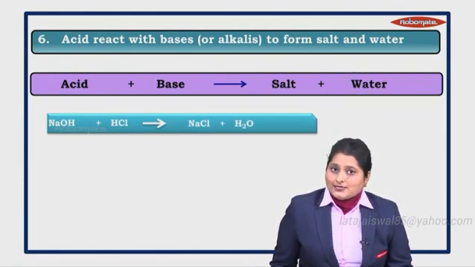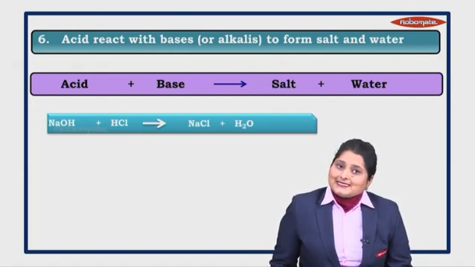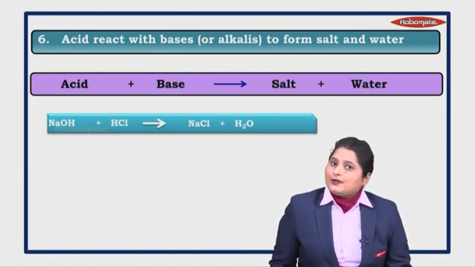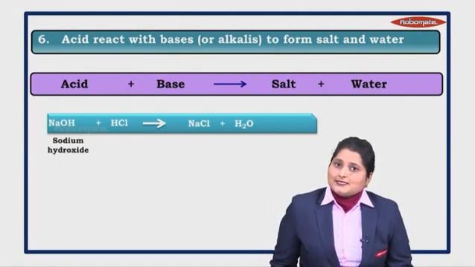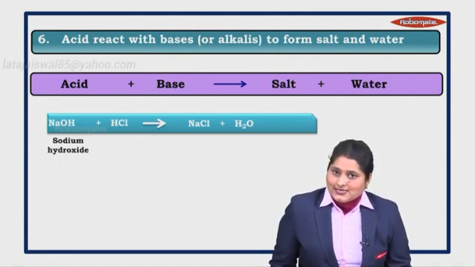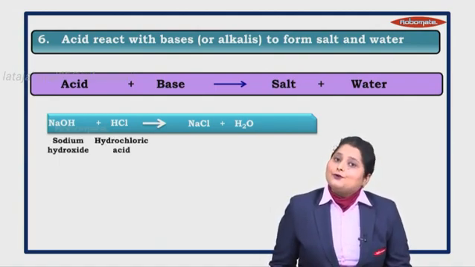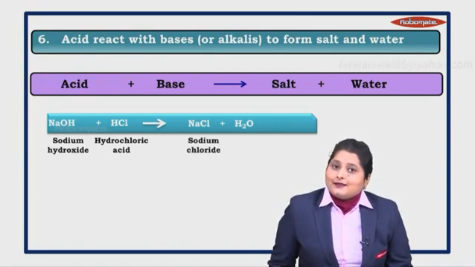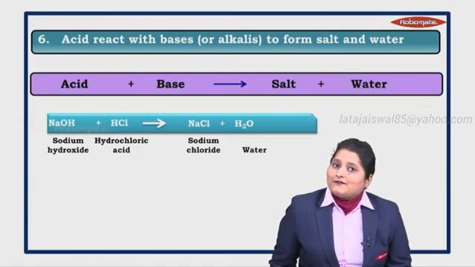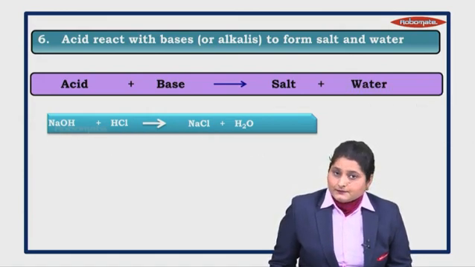Let us understand what that is. Salt is NaCl and water, as all of you know, is H2O. So we say sodium hydroxide, that is NaOH, when it reacts with hydrochloric acid, that is HCl, there is a formation of sodium chloride, which is salt, along with the release of H2O, that is water.